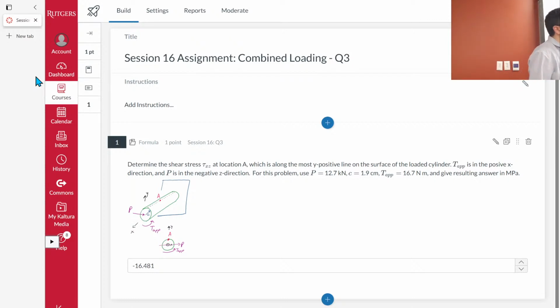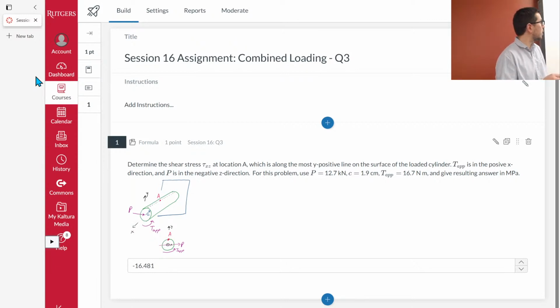Oh, I was really wrong. I was doing VQ over IT. Well, you can do VQ over IT, but you should look in the notes, because we derived it so that you would never have to do that again if it's a rectangular or circular cross section and you're on the neutral axis. That's where the maximum transverse shear stress is going to be.